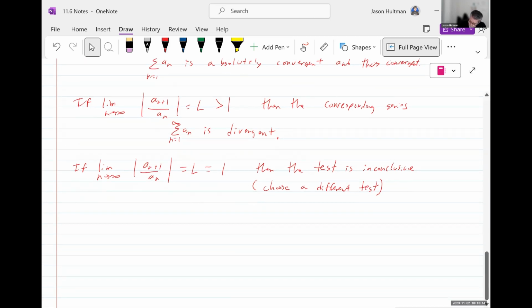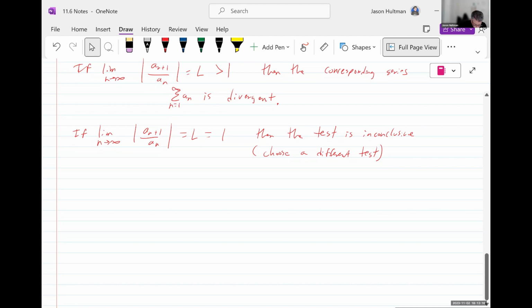Okay, let's look at example 4 here, and example 5. Example 4 says test the series summation of (-1)^n n cubed all over 3 to the nth power for convergence.